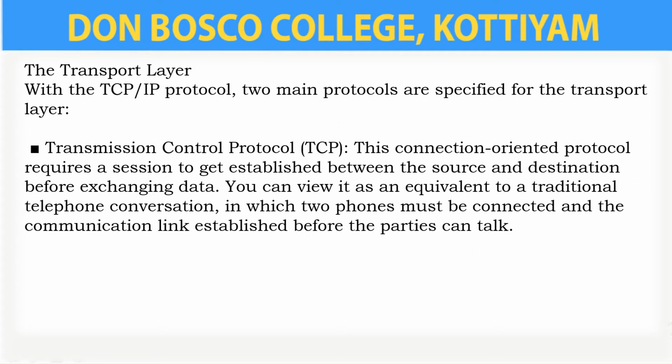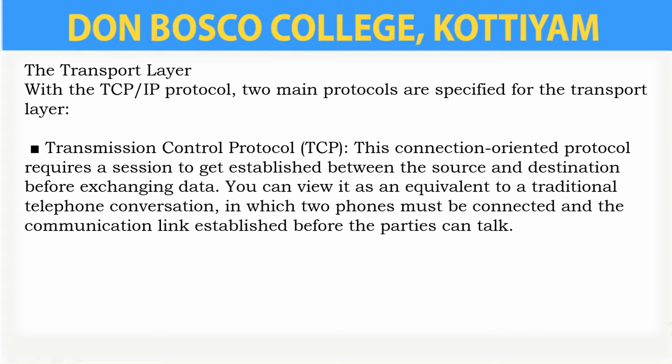Another function is that all server processes intending to communicate over the network are equipped with well-known transport service access points, also known as port numbers. That is TSAP, that is Transport Service Access Points.